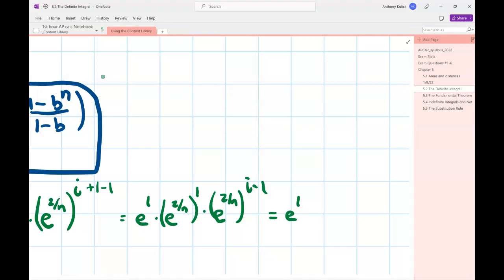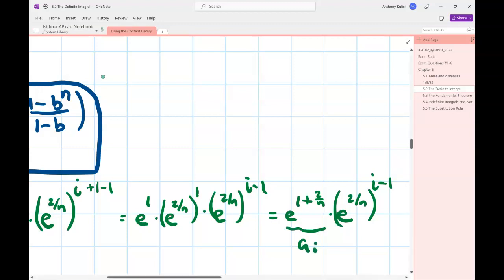So this is really e to the 1 plus 2 over n times e to the 2 over n to the i minus 1. So this is like my a1, this is like my r. Or I'm sorry, my a1.